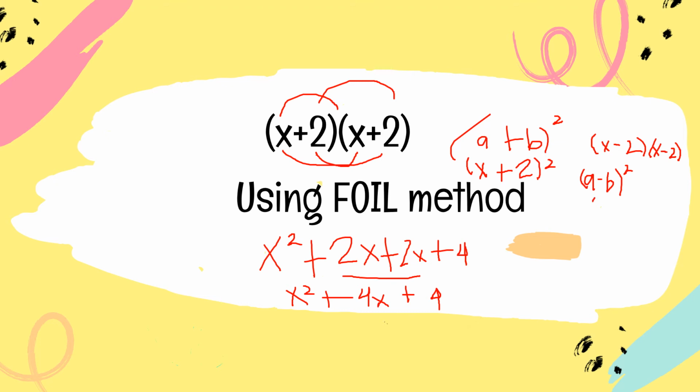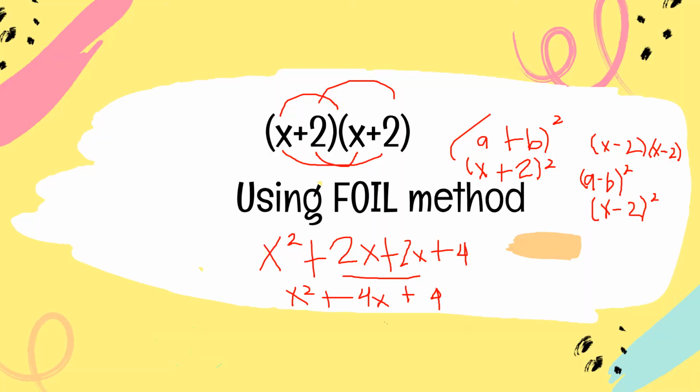Kasi, if we are going to write that, pwede siyang maging the quantity of x minus 2 squared. So, doon lang naman ang pinagkaiba nila. Kapag addition yung operation, then it is in the form the quantity of a plus b squared. Kapag naman subtraction yung ginamit na operation, then it is in the form the quantity of a minus b squared. Okay? So, now, let us try to solve this using the square of a binomial in the form the quantity of a plus b squared.